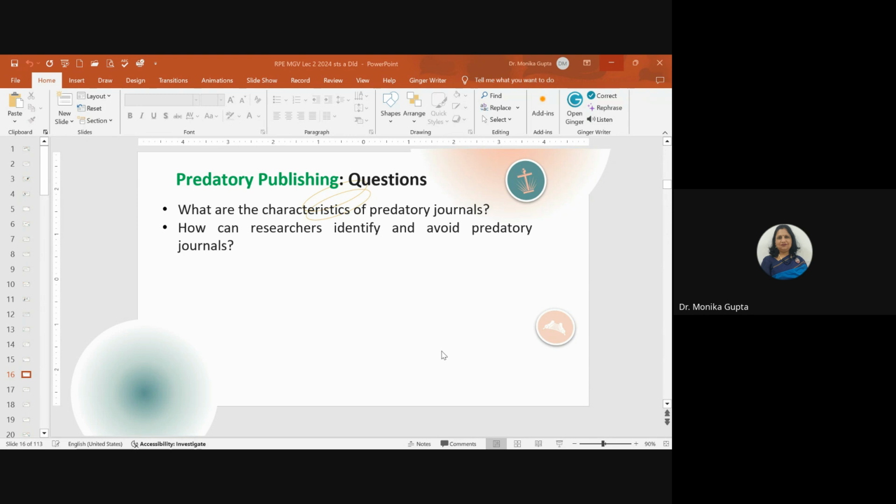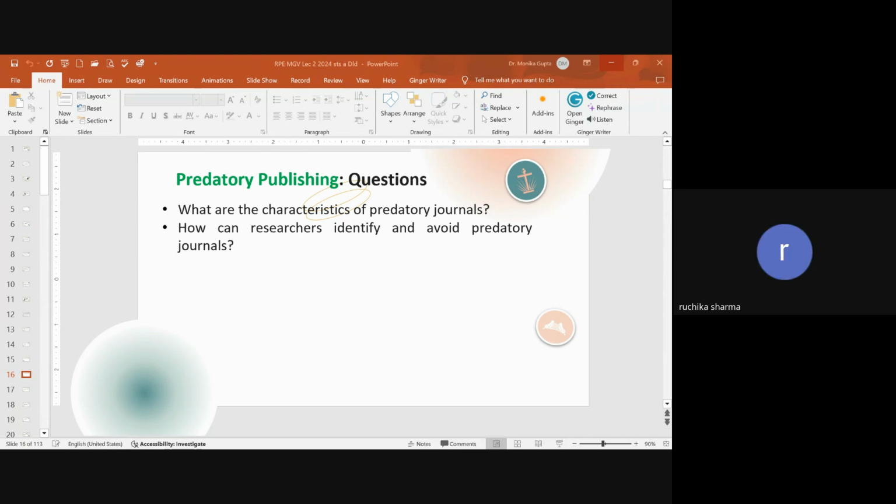Read sample articles. Yes, this is also important. Go through a few articles of the journal and assess the quality. Evaluate article quality, language, and formatting. Then utilize resources, that is, consult with librarians or experienced researchers. Then trust your instincts. If something seems too good to be true, it probably is. Right?